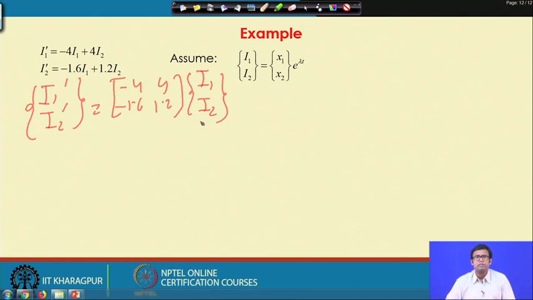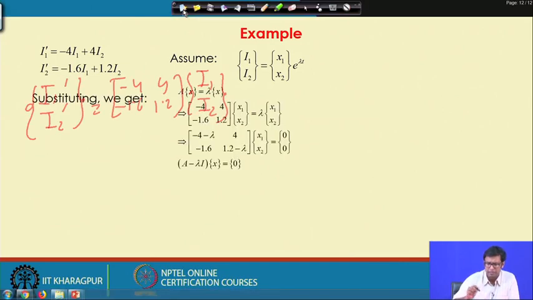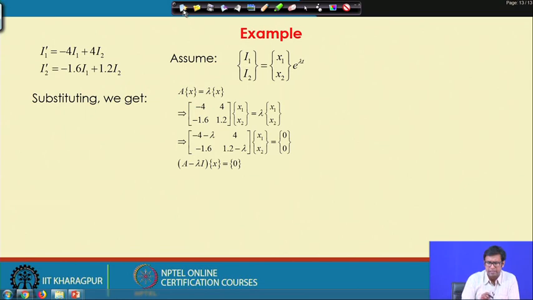Now, while we seek a solution of this equation, we start with the e^(λt) form, and (I1, I2) is (x1, x2) e^(λt). And now, if we substitute that, we will get Ax, and A was as I wrote earlier.